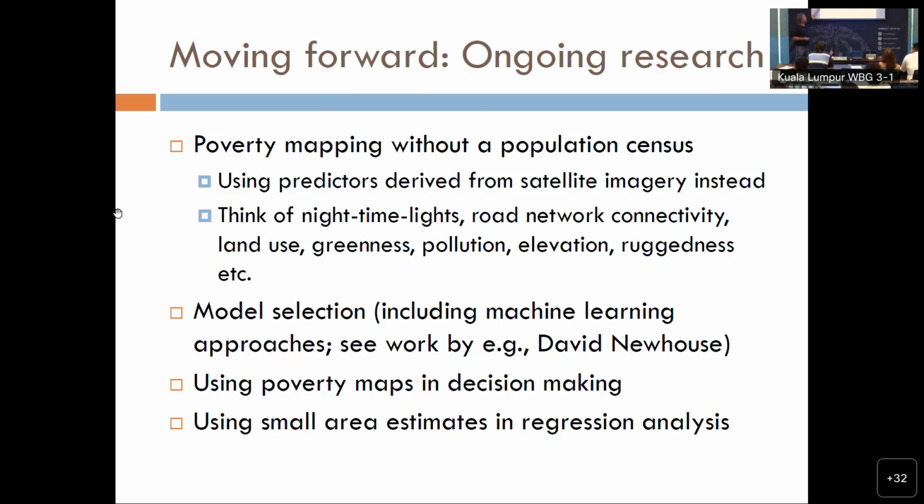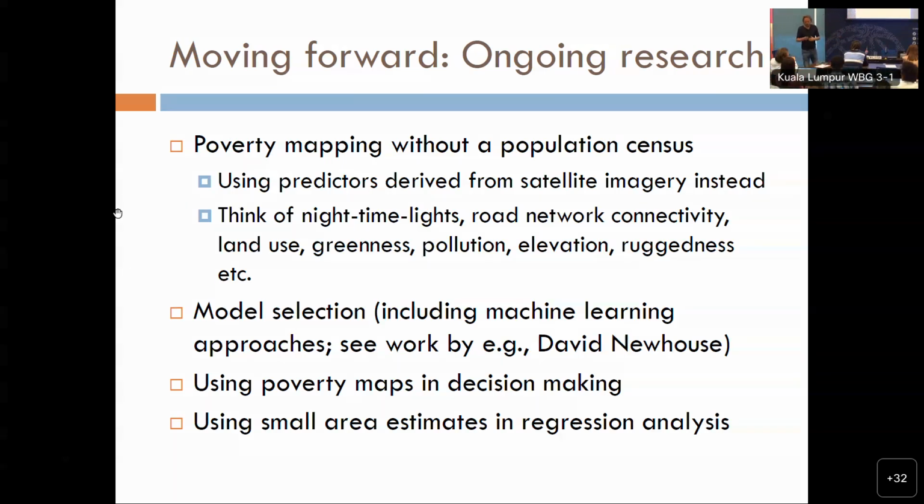Then there is active research in model selection. So you mentioned machine learning, for example, and random forest. I'm personally not convinced. I think the contributions are going to be marginal here, but it's still the case that there's a lot of work here, and there may be countries where the gains might be more substantial, right?